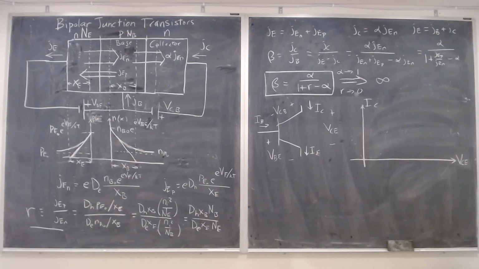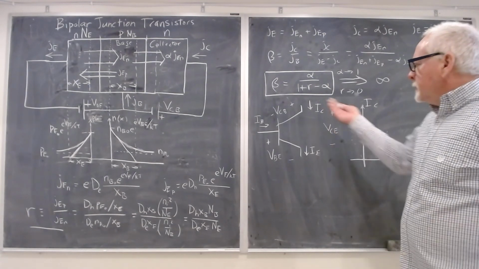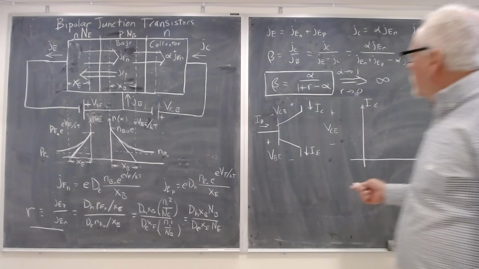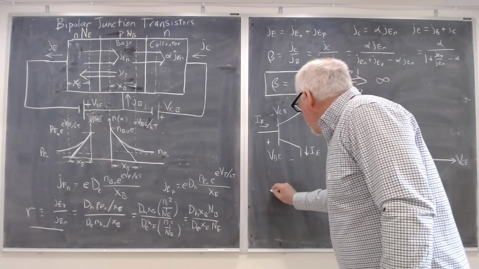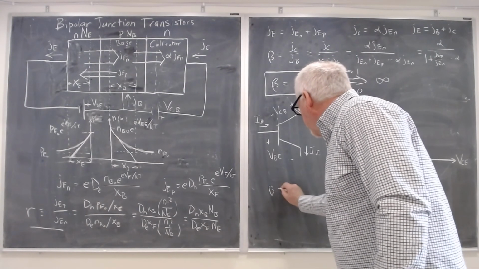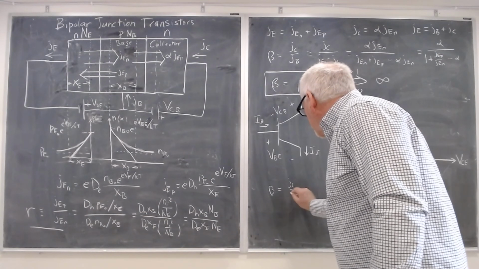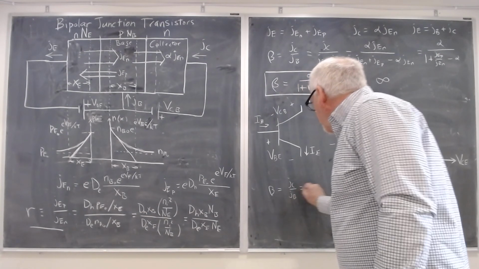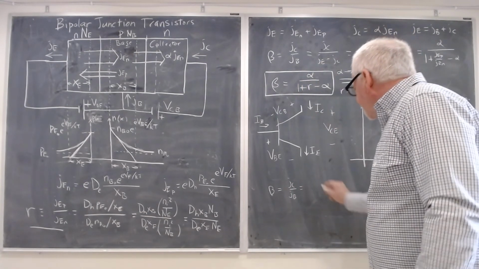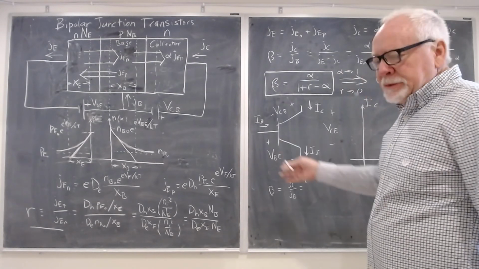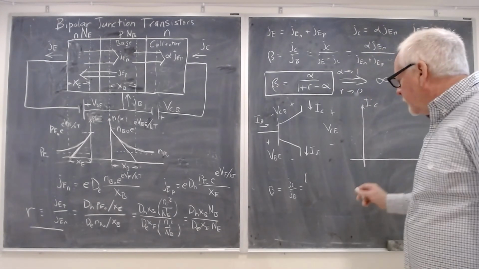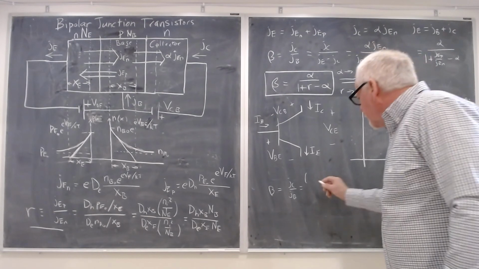And what we've derived basically is that it's a simple ratio. Now, remember, beta is JC over JB. But remember, and I erased my actual picture of the device, it's the same area for each current component.